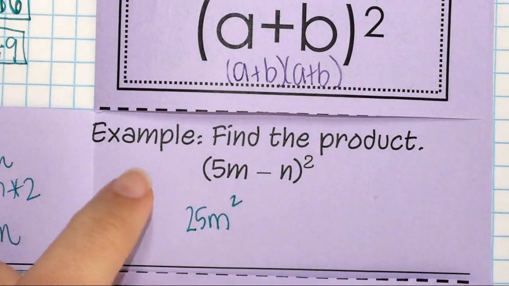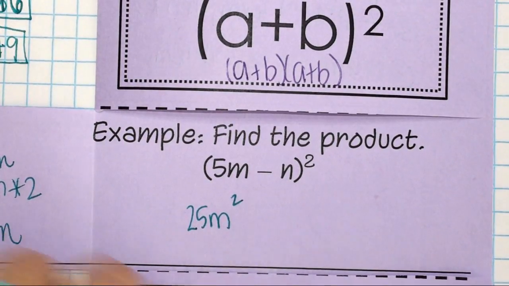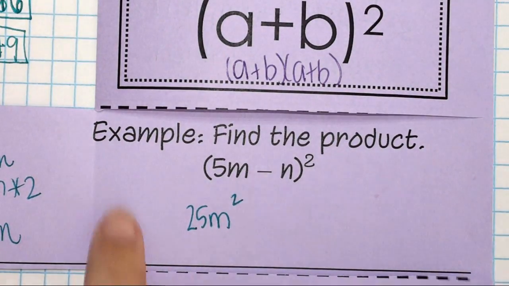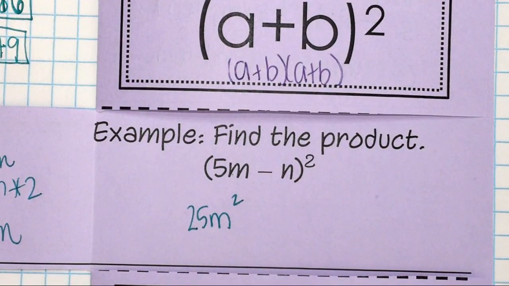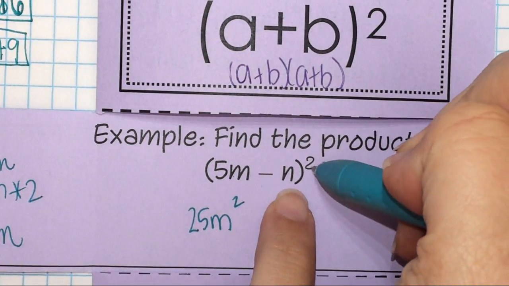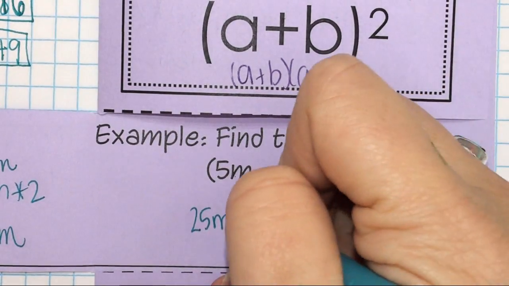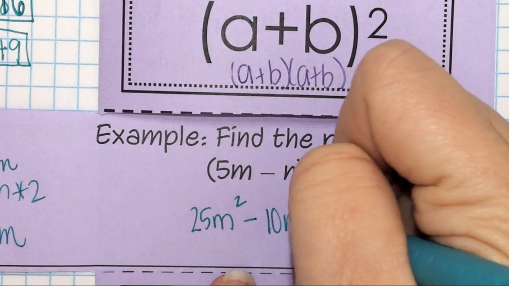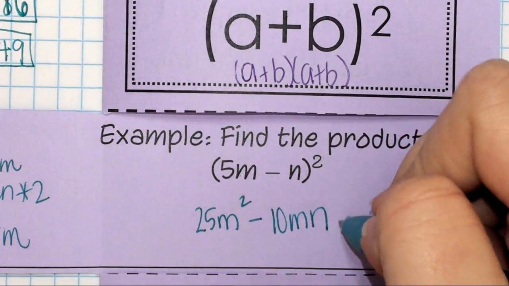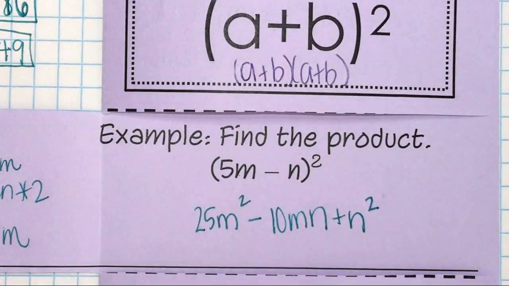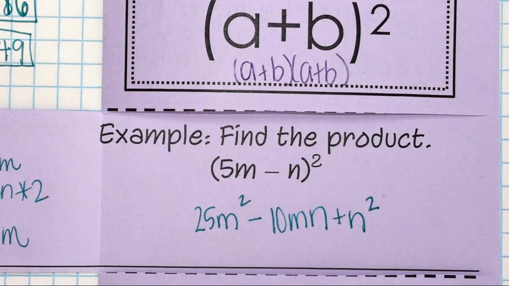Then you multiply 5m times n, and you get 5mn. And then multiply it by 2, and you get negative 10mn. And then what's the last step? Square the second term. It would be negative or positive? Positive n squared.